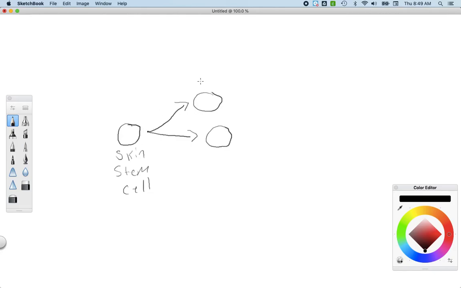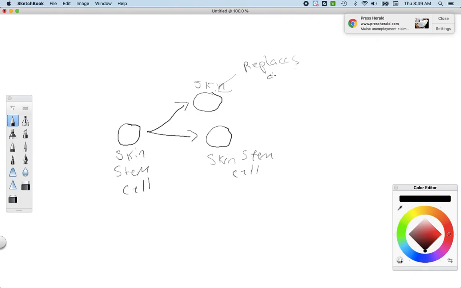You will have a skin cell and a skin stem cell, which is important because this skin cell is going to replace a lost cell.